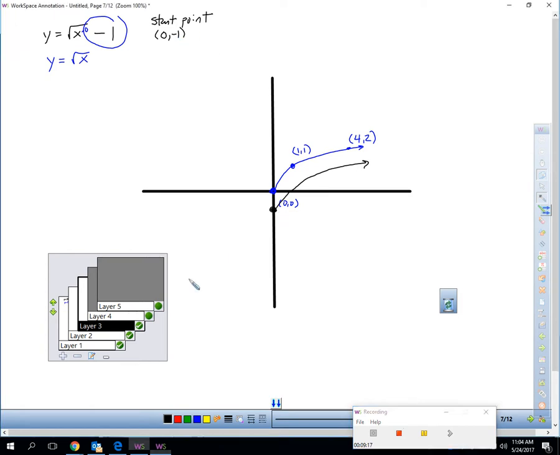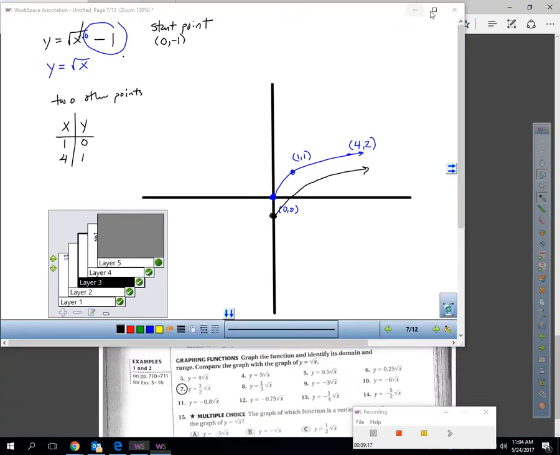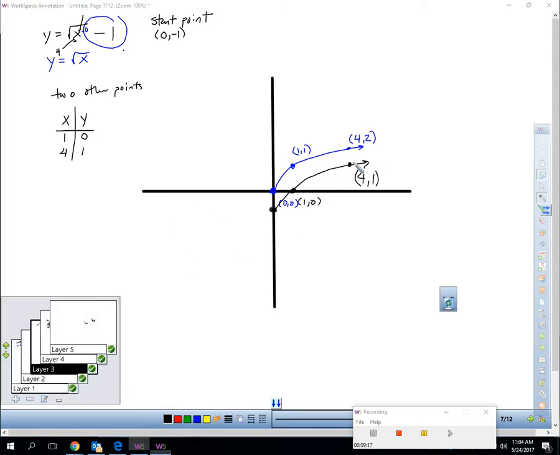Okay, let me get a couple other points here. 2 other points. Well, if I plug in 1, this thing is going to work out to 0. So if I put a 1 in here, the square root of 1 is 1, and 1 minus 1 is 0. And then my next perfect square is a 4. If I plug a 4 in here, the square root of 4 would give me 2, and 2 minus 1 is 1. So there are 2 other points that I can quickly identify.